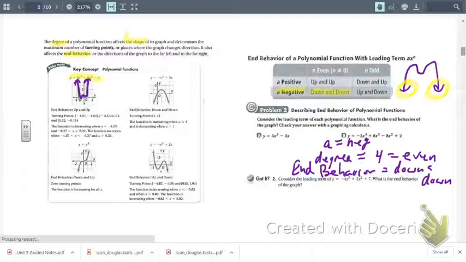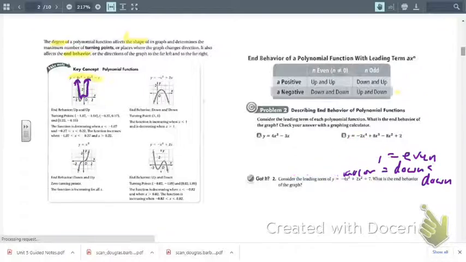For part B, our A was negative, so it starts down and ends down. Alright? So go ahead now and hit pause and see if you can do the last problem here under the Got It section on your own. When you're finished, hit resume and check your answer.